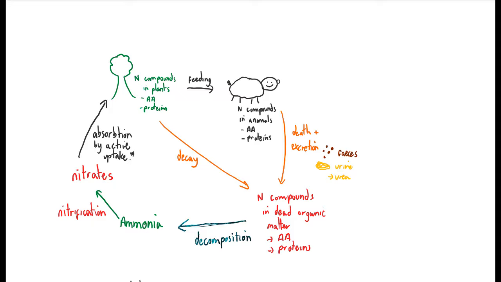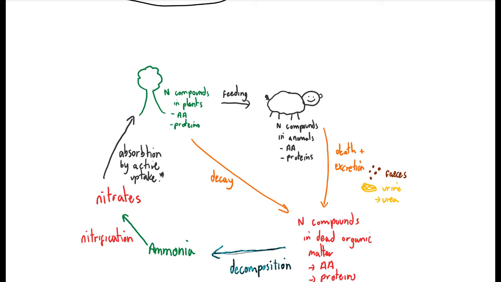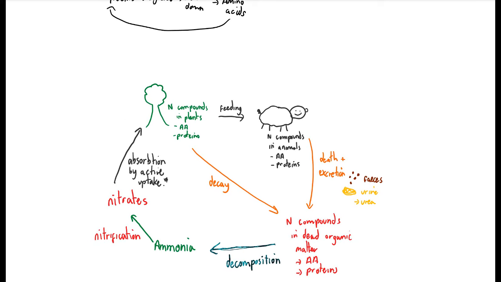Okay, now the two extra bits in this cycle are this. We can have nitrogen gas in the atmosphere. Now remember, 78% of the Earth's atmosphere is nitrogen gas.